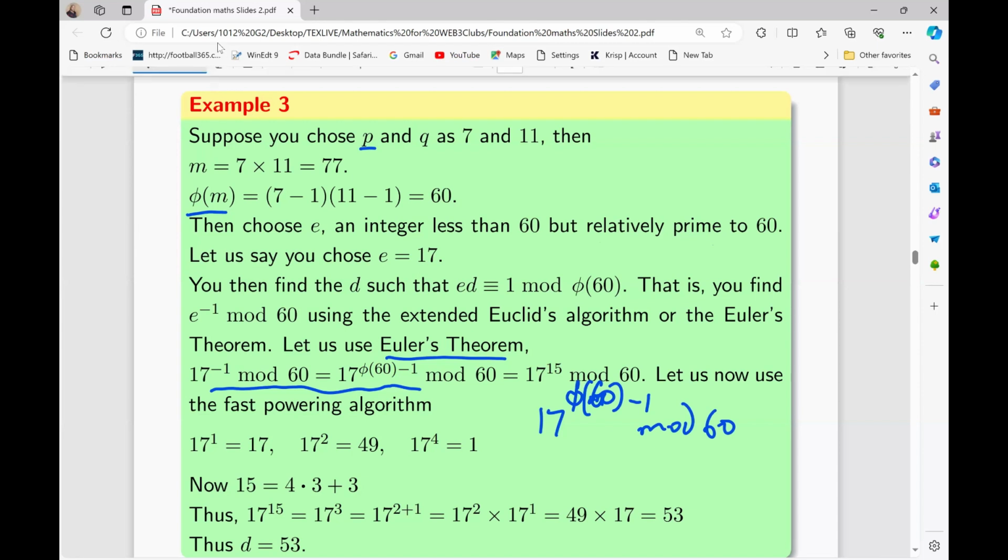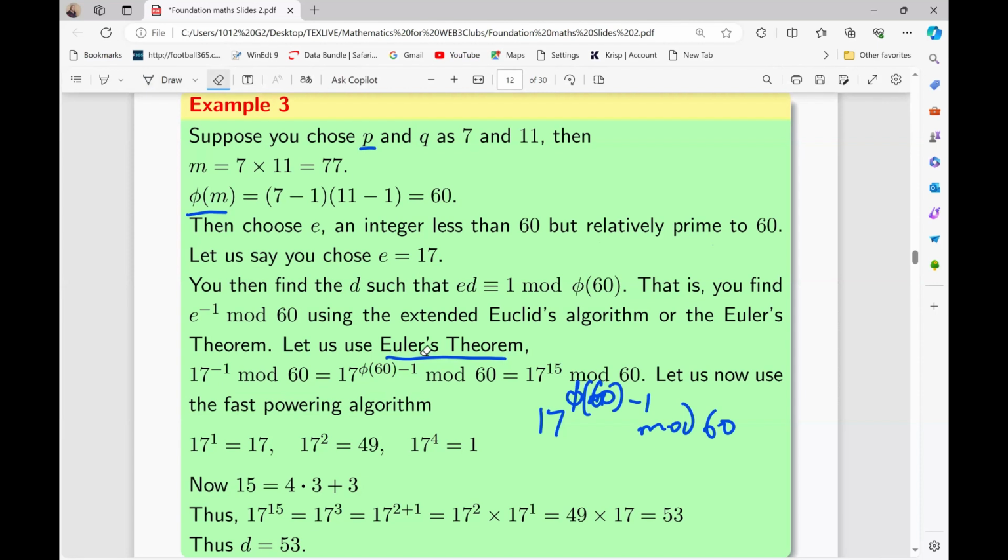If you don't want to do that, because we've used Euler's theorem in the previous example, let's this time use the extended Euclidean algorithm, which still does the same thing of finding the inverse.